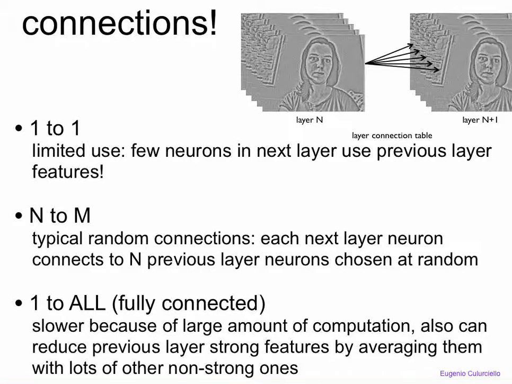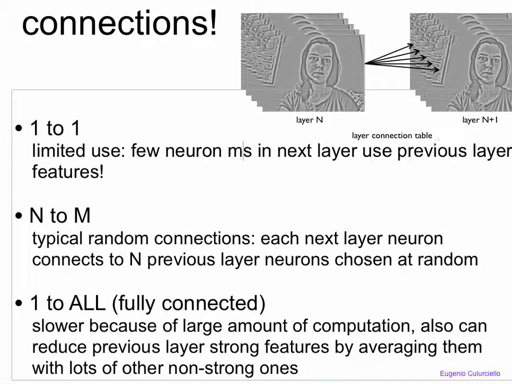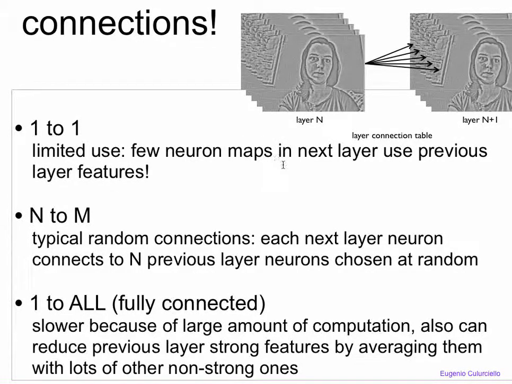So let's think a little bit about these connections. One-to-one might be of limited use because one map is only propagating to one following map. So you're kind of retaining the same information. There are a few neuron maps in the next layer that use previous layer features.